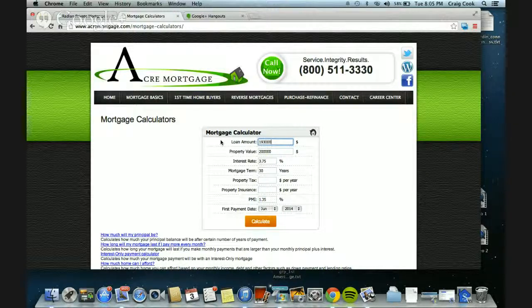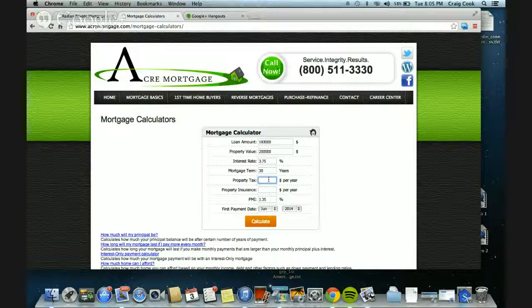Okay. And you know what? Let's do the upfront mortgage insurance calculation too, just so you can understand how to calculate a true FHA payment. So we're going to say $193,000, multiplied by the upfront mortgage insurance factor, which is 1.75%, and we get $3,377.50.